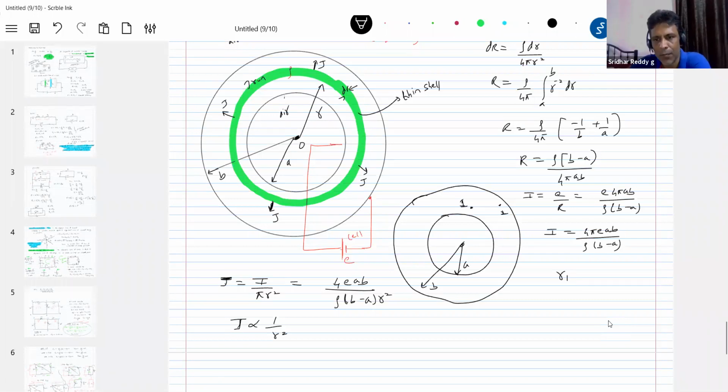R1 is less than R2, so J1 is greater than J2. What about E1? Greater than E2. What about the drift speed? The drift speed is directly proportional to current density, no? So the speed of the particles will be more at 1 than at 2. All other terms we can analyze in a similar way, as we did before.